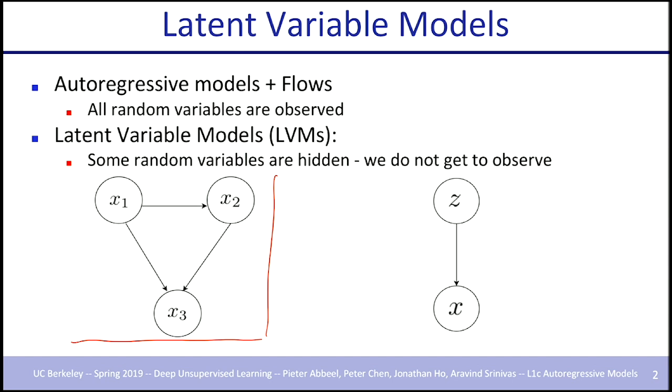So latent variable models, broadly defined, are where you're facing certain random events, and then part of them you don't get to observe. So let's say in these cases, you get to observe X, but you don't get to observe Z, even though X is dependent on Z. And it basically just means precisely that.